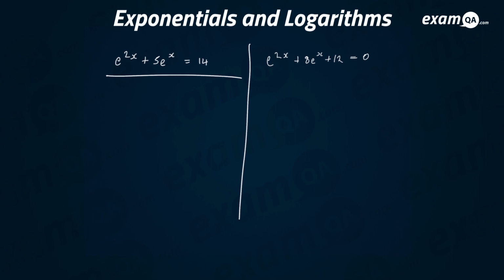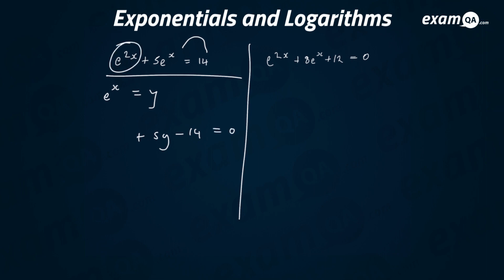I'm going to say that e to the power of x equals y. If I call e to the power of x y, first of all, this will just turn into 5y. So I'm going to write plus 5y. I'm going to bring that 14 to the other side, so make it equal to 0. So minus 14 equals 0.